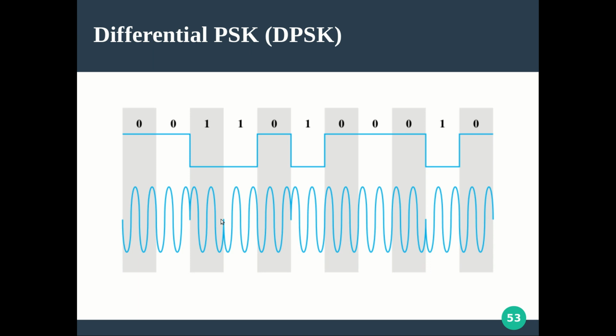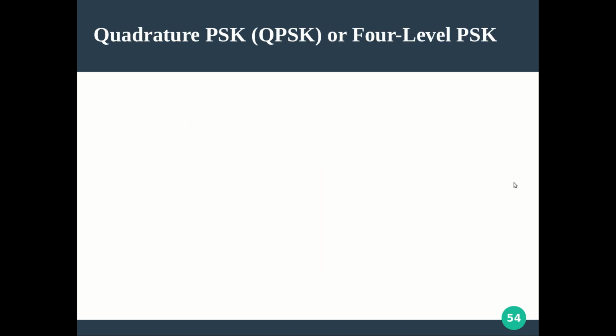That is why again it is getting inverted. But whenever 0 is coming, no need to give any differentiation, simply continue the signal as it is before. 1 is coming, make it shift. 0, repeat as before. 1 is coming, just make it opposite. So that is the idea. Relatively we are encoding the signal, differential phase shift keying.